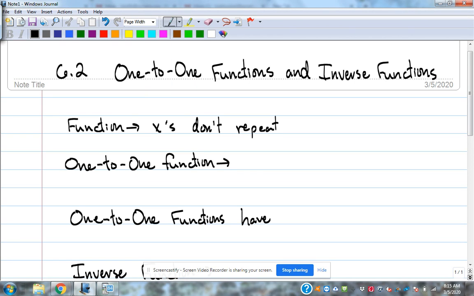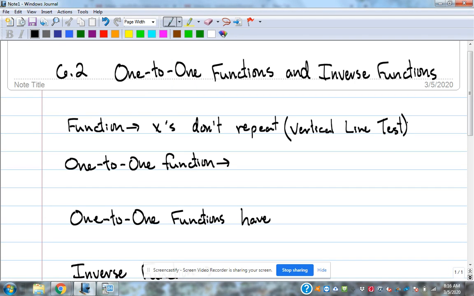But what if it's an equation or a graph? Well, what did we use to test that? Vertical line test. Those are the things that we've done to decide if something was a function or not. That was back chapter 3 stuff.